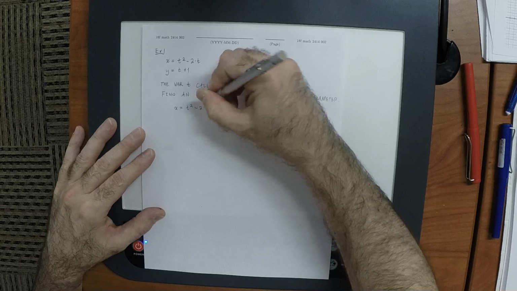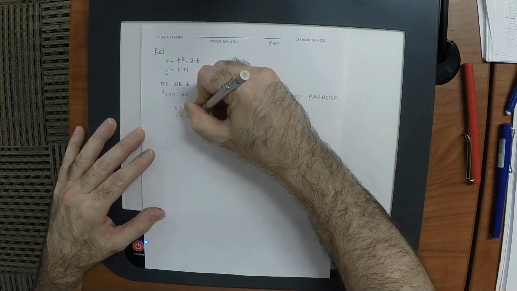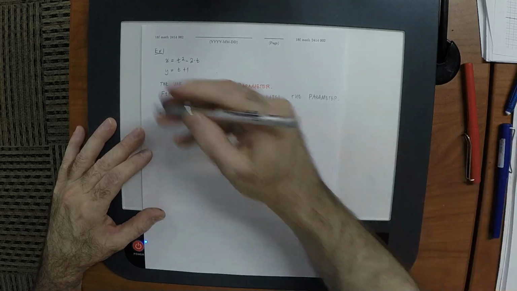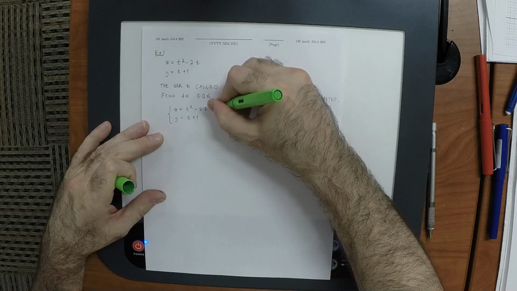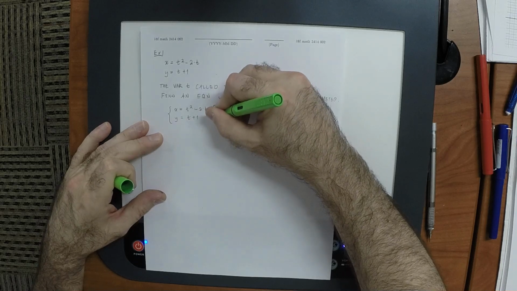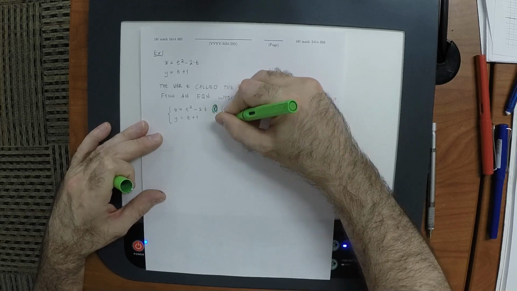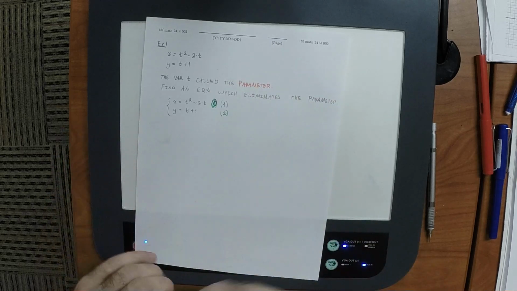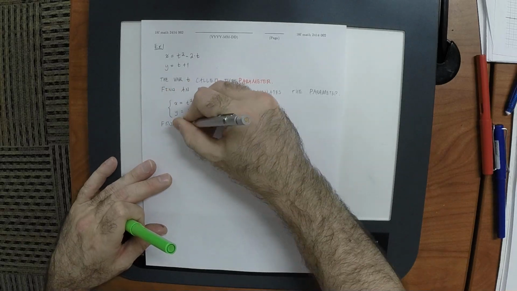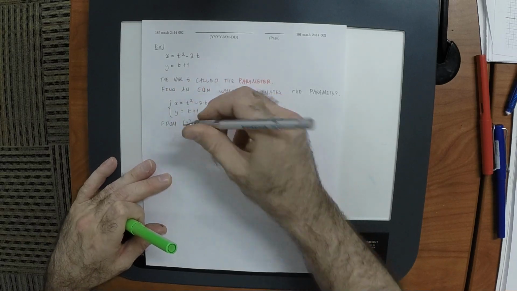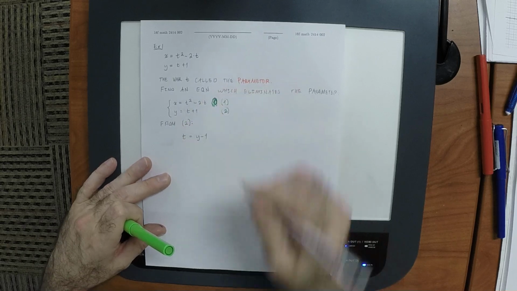If I refer to that one as equation 1 and refer to this one as equation 2, so equation 1 just in parentheses, and this one as equation 2. So from 2, we can obtain that t is y minus 1.